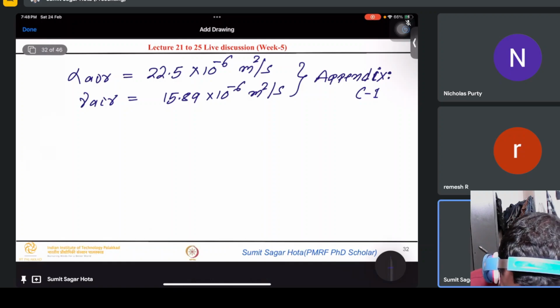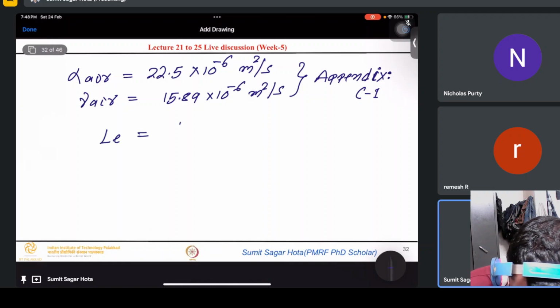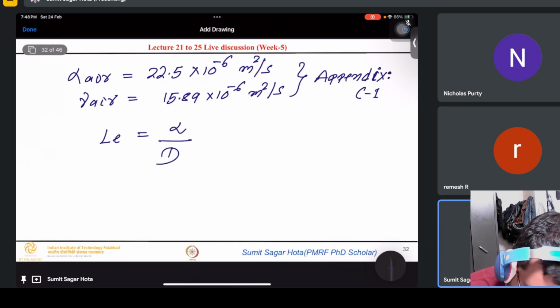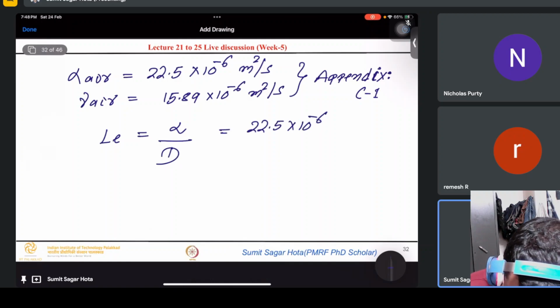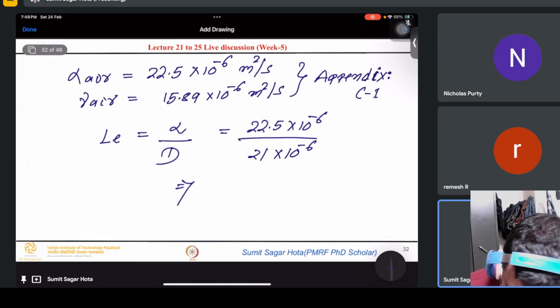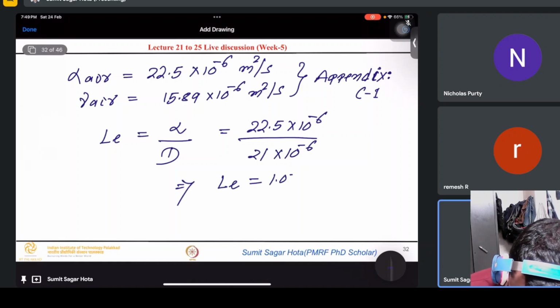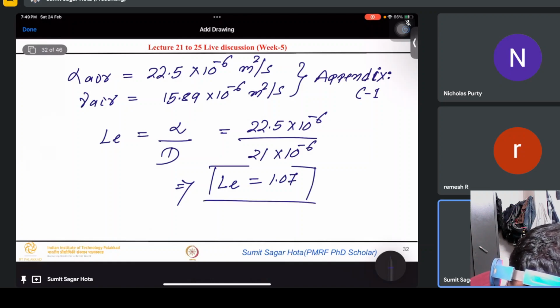So Lewis number is alpha by D, which we know. For a laminar kind of flame, as I already told, Lewis number is always 1 or near to 1 or sometimes less.